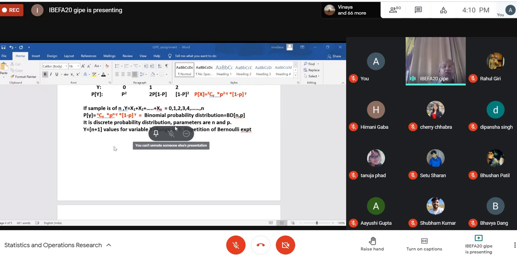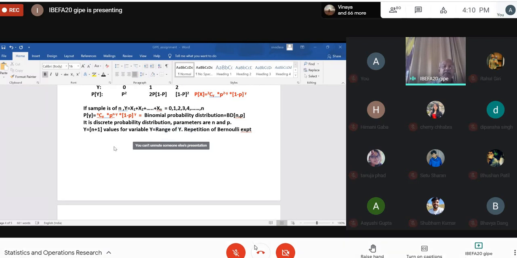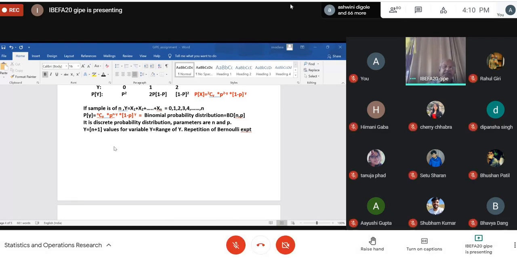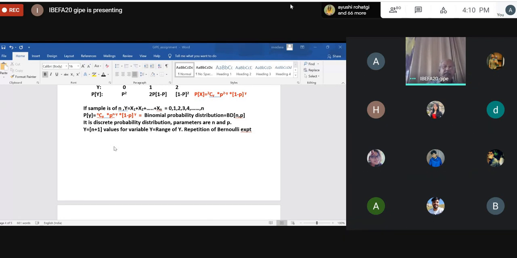The minimum value of the binomial variable will be 0 and the maximum value will be the sample size n. So all these characteristics you have to remember when we do the R package for binomial distribution.